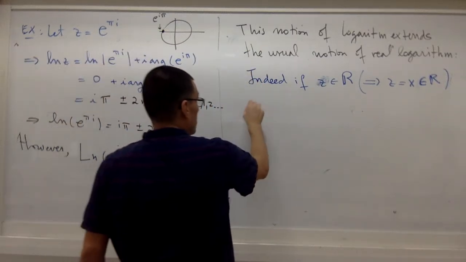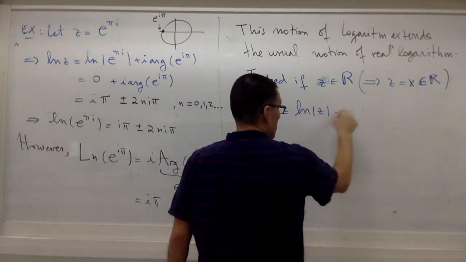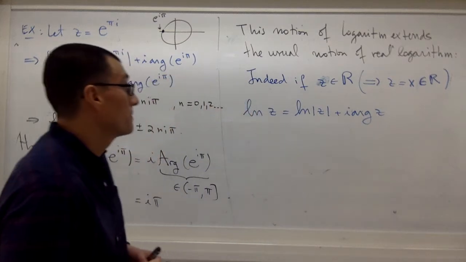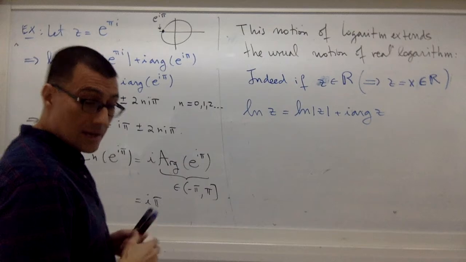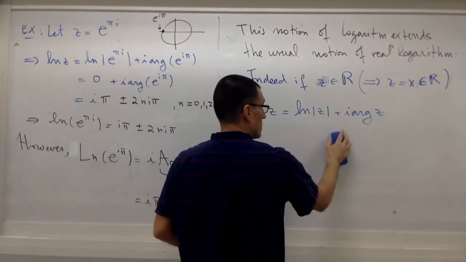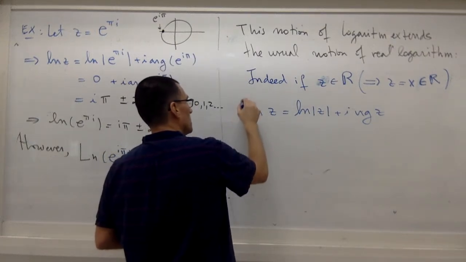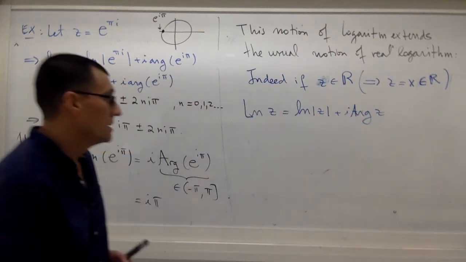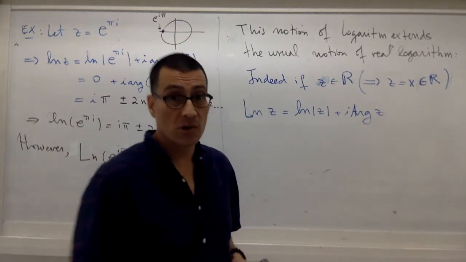Then the logarithm of z is equal to the logarithm of the absolute value of z plus I times the argument of z. Now, not only that, let me utilize the principal value of the logarithm. So if you do that, you need to adjust here for a capital L and here for a capital A. Now we're fine, because this is a single valued function, so it's much more convenient.